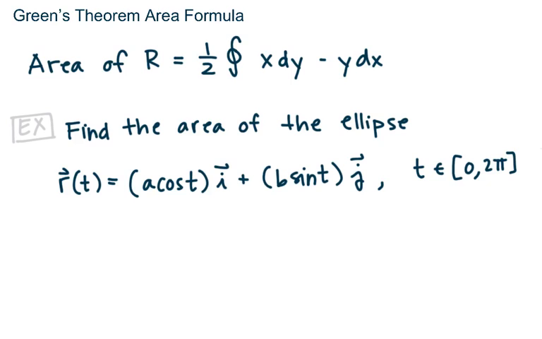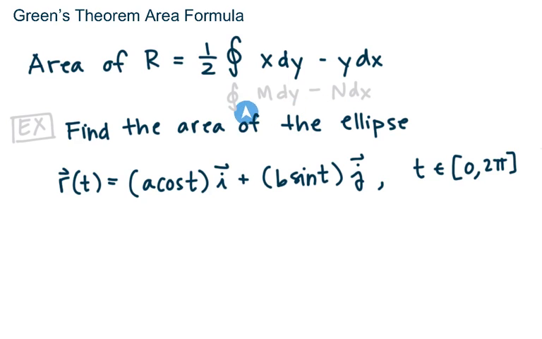In this example, we're going to find the area of an ellipse, and the ellipse is defined parametrically by the vector a cosine t i plus b sine t j, and t falls between 0 and 2 pi to get that full rotation. So by definition, x represents my m value and y represents my n value.